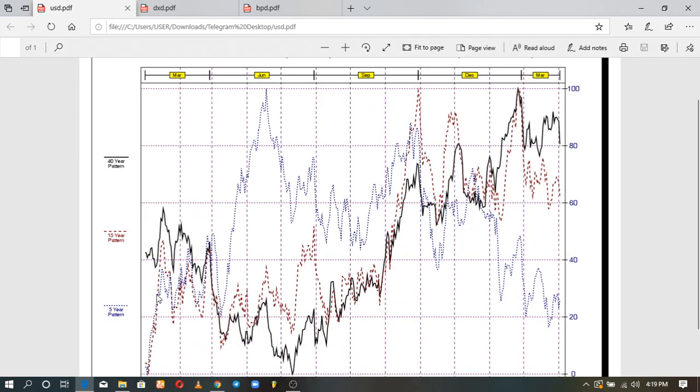If you look at the red dotted line, that is the historical price data for the Treasury bonds over a 15-year period. Then the thin blue line, which is also dotted, is historical price data for the Treasury bonds over a 5-year period.